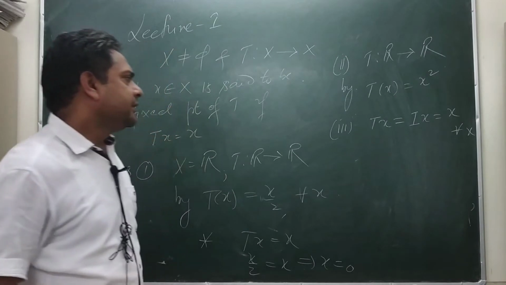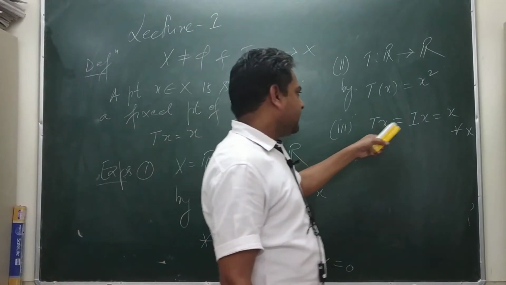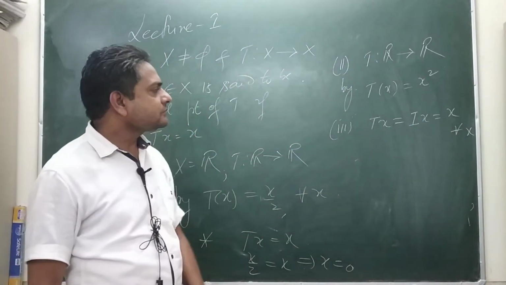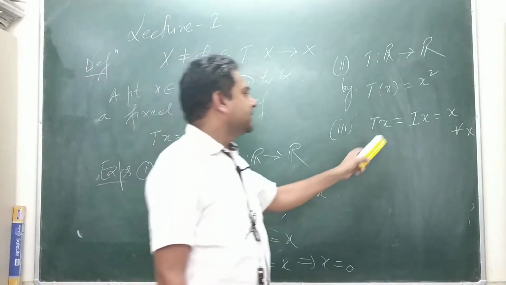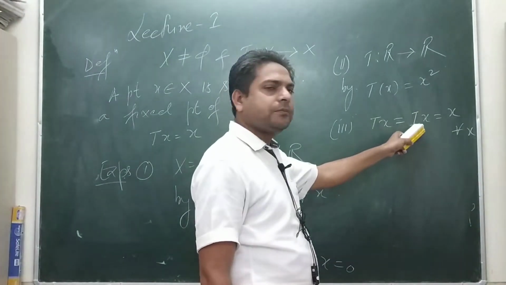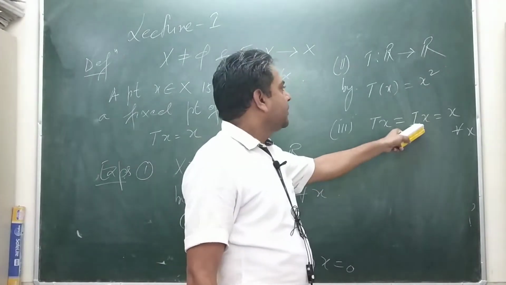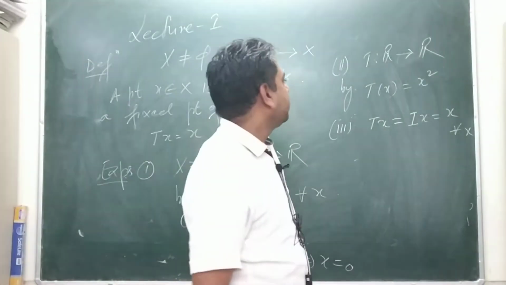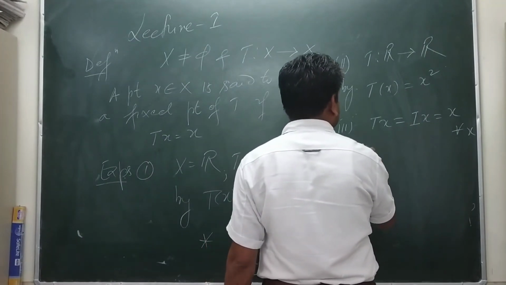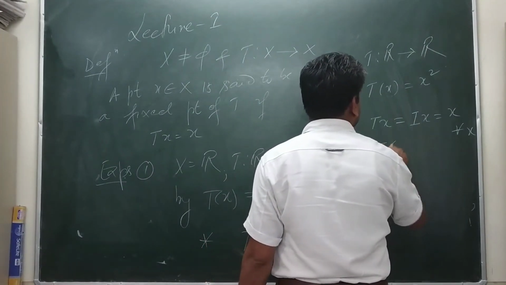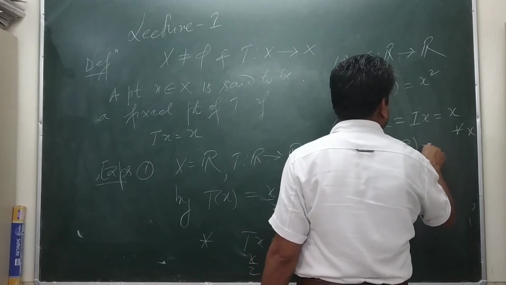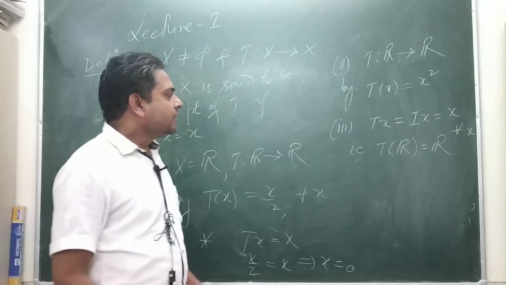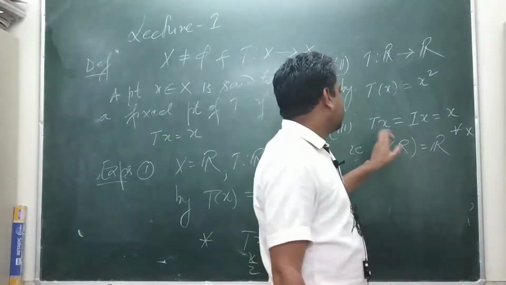then T is an identity map, and we can check that every point of this identity map is a fixed point. So the whole set is a fixed set of the given map. Also T(R) is exactly the same as R under the identity map, so this set is invariant under the identity map.